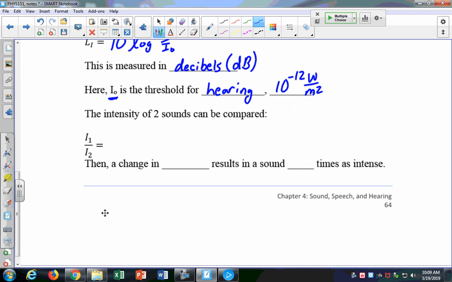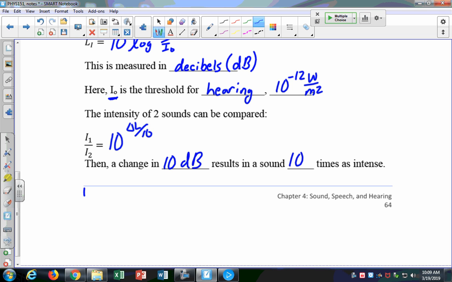The intensity of two sounds can be compared, and this is one thing that you'll have to do. I1 over I2 is going to be equal to 10 to the power of delta L, our change in sound intensity level, divided by 10. So what this means is that if I have a change of 10 decibels, that's going to result in a sound that is 10 times as intense.